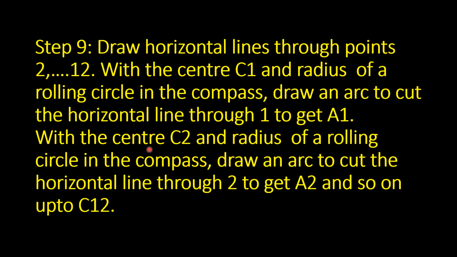Similarly, with the center C2 and radius of rolling circle, that is 25 mm, draw an arc to cut the horizontal line passing through point 2 to get A2, and you have to repeat the same thing up to point C12.